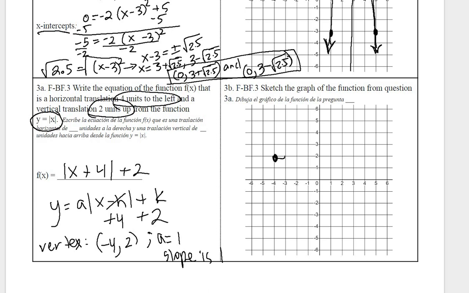So I'm going to go over 1, up 1, over 1, up 1, over 1, up 1, over 1, up 1. This is an absolute value function, so the slope is constant. And I'll mirror that on the opposite side of my vertex. Okay. Next problem.